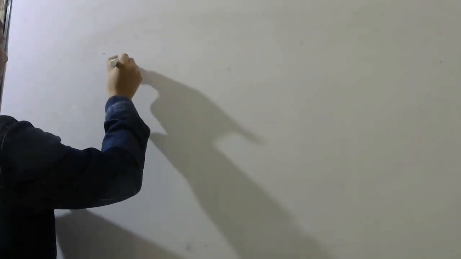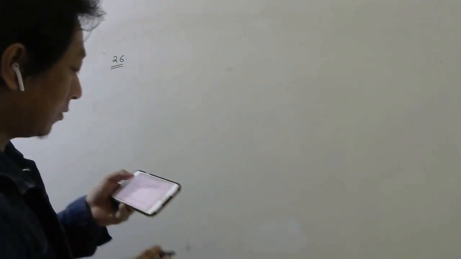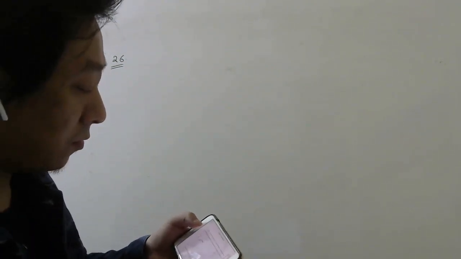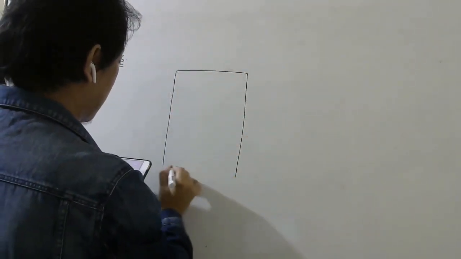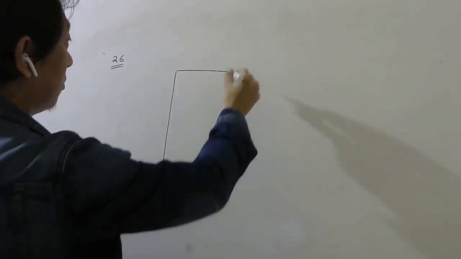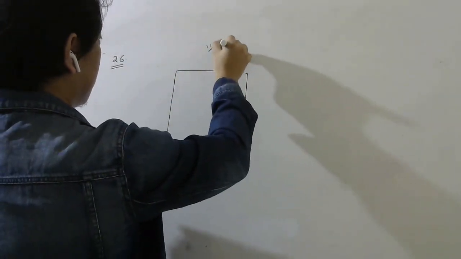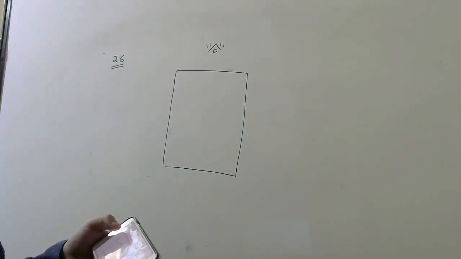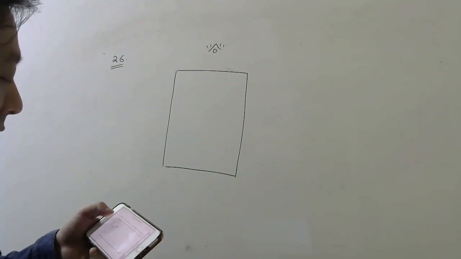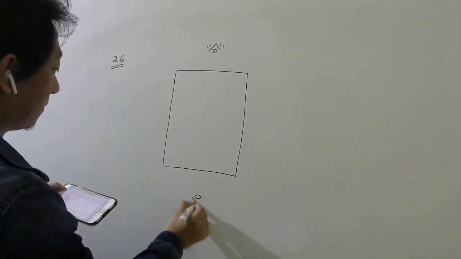So let us do some questions based on these ideas. Question 26. An air bubble in a glass slab with refractive index 1.5 is 4 centimeter deep when viewed from one surface. When viewed from this side, the apparent distance is 5 centimeter, and 3 centimeter deep when viewed from this side.